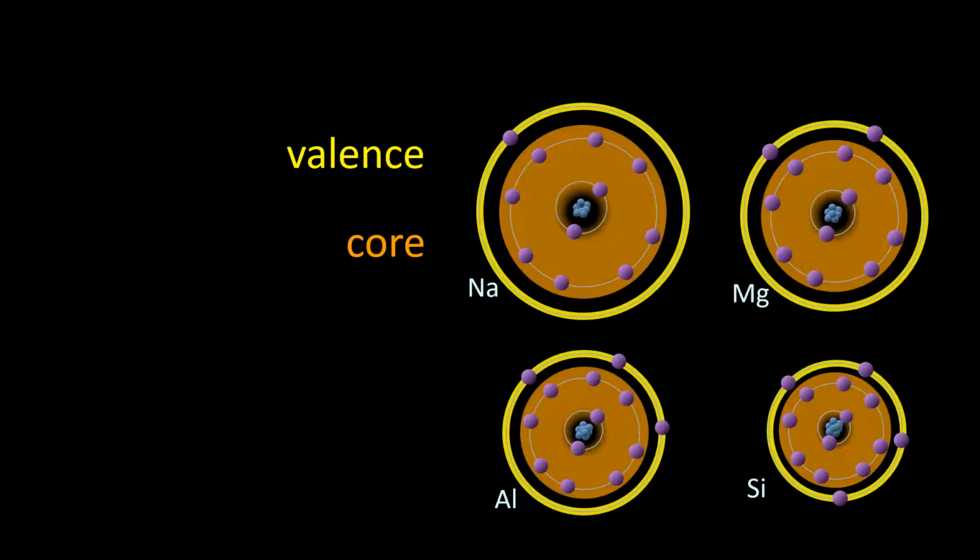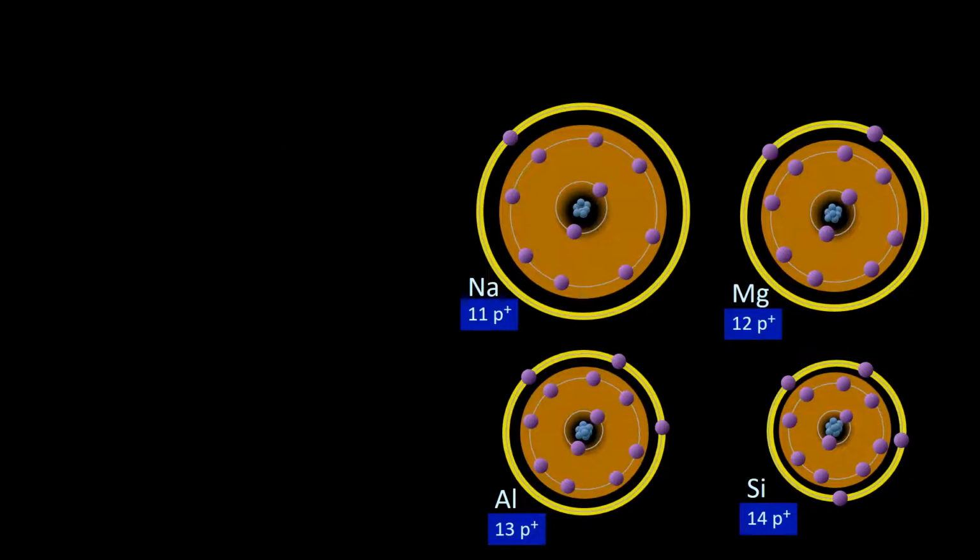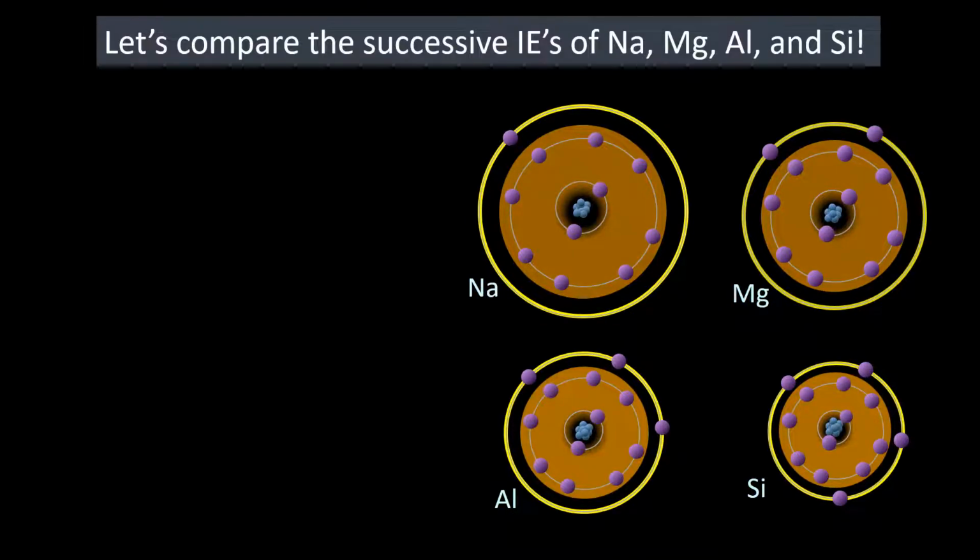Note that with these 4 elements, the core electrons represent the stable noble gas configuration of neon. Also important, notice that each succeeding element has 1 more proton, which increases the attraction the nucleus has for their electrons.